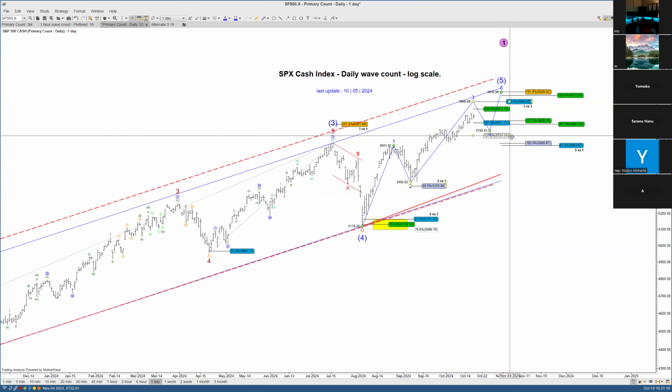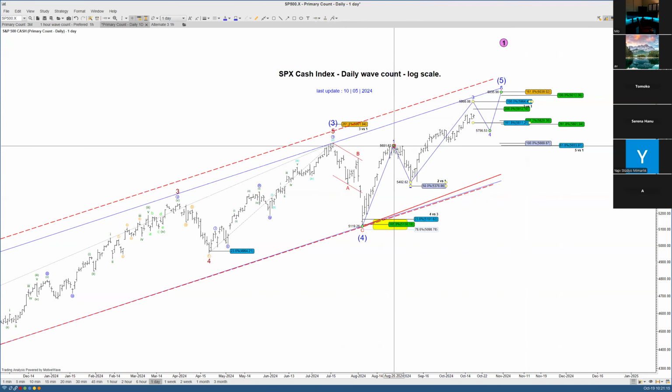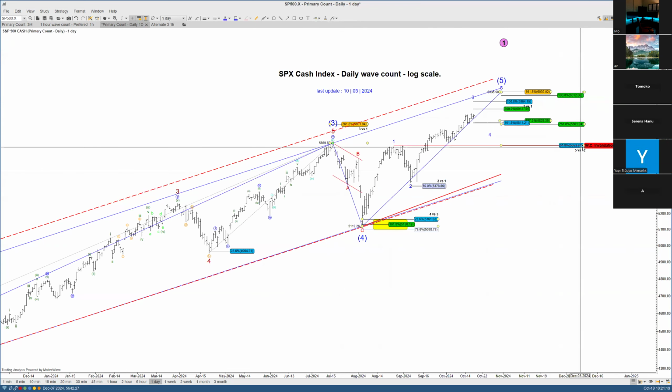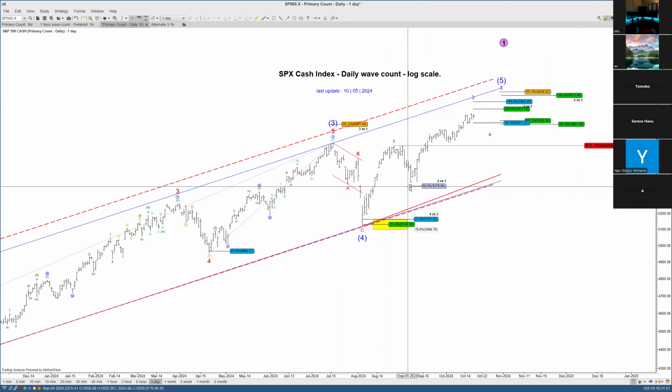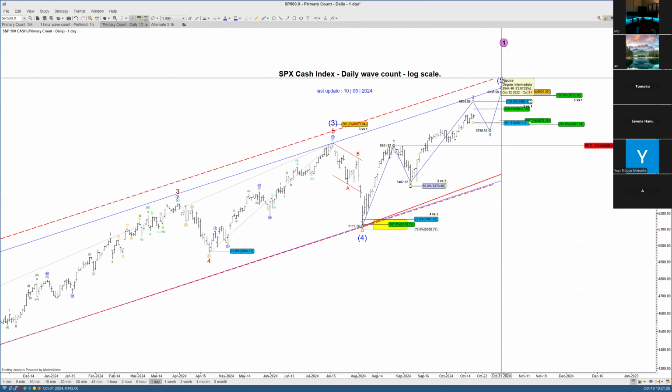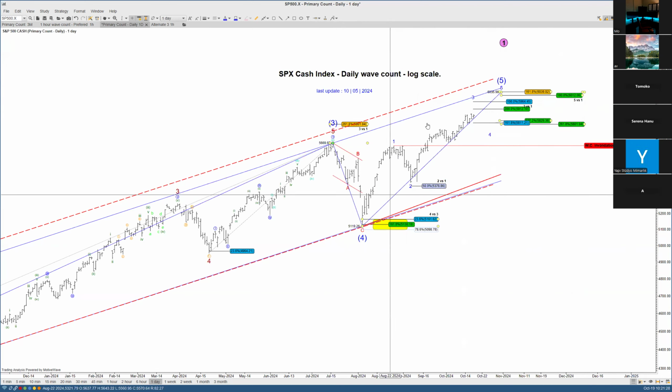Whatever that fourth is going to be, this is going to be our stop loss. You know this, and I know this, that Elliott's 5 waves off of 5 cannot be a 3-wave move. It has to be 5.